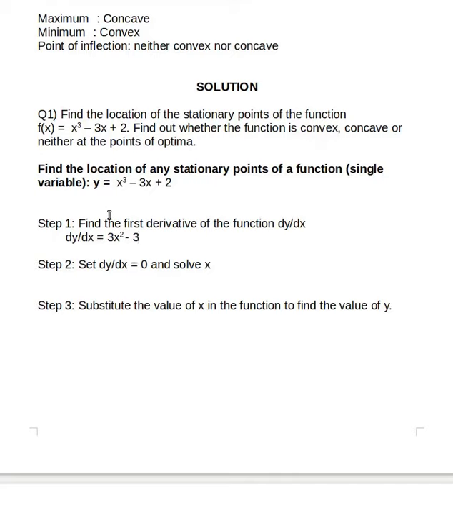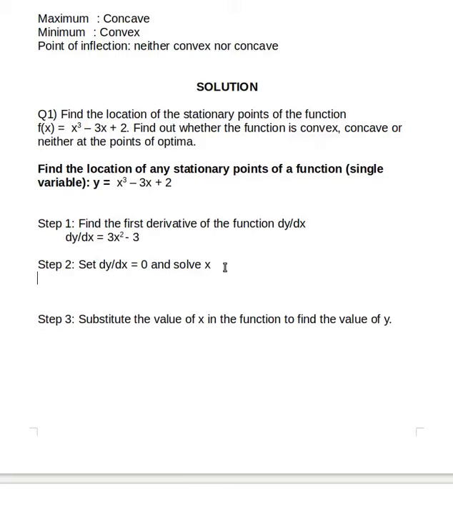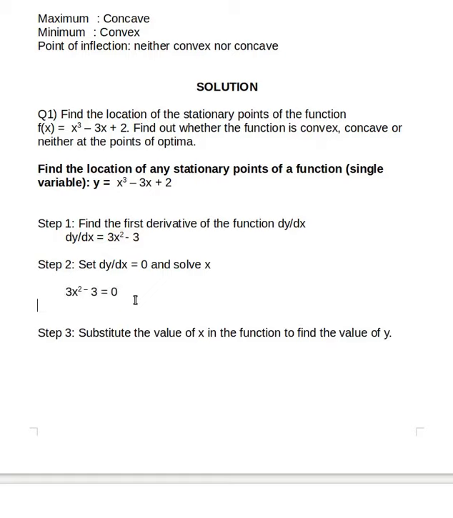So this is the first derivative of this particular function. Next we have to set this first derivative equal to 0 in order to solve for x. So we set this first derivative equal to 0. So what will we get?